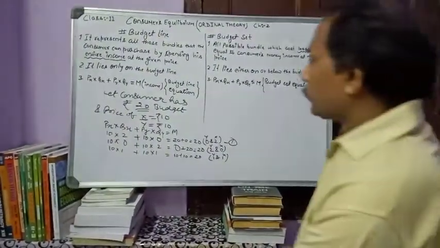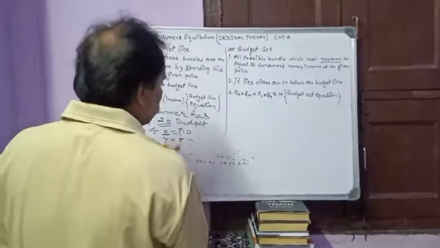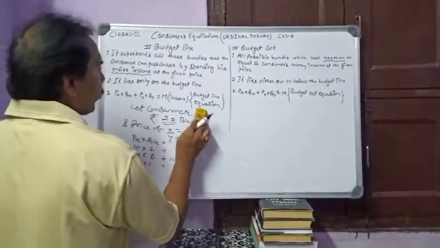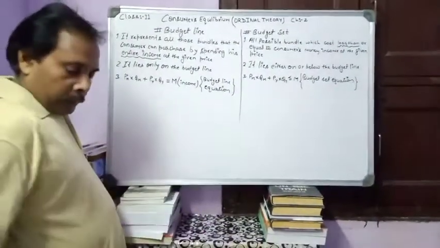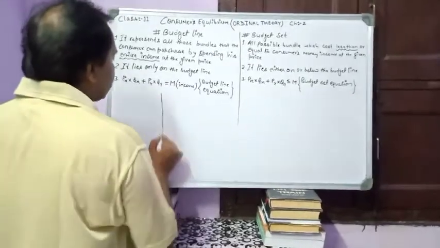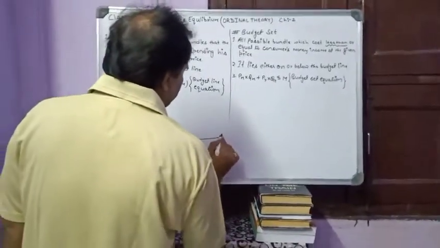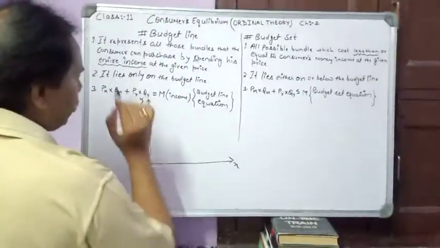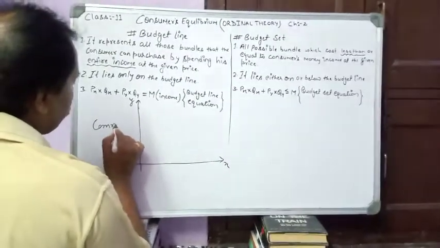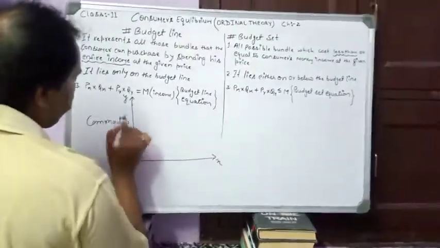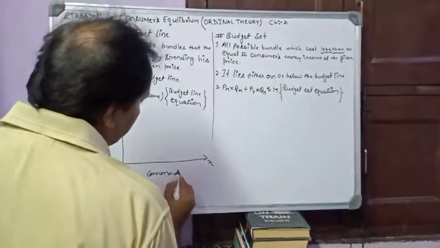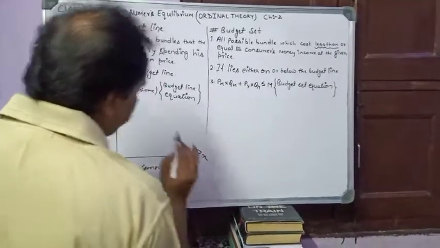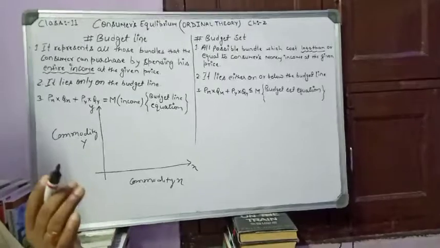I want to show you a diagram. This is the y-axis and this is the x-axis. On the y-axis, commodity Y, and on the x-axis, commodity X. As I told you, a consumer has 20 rupees.